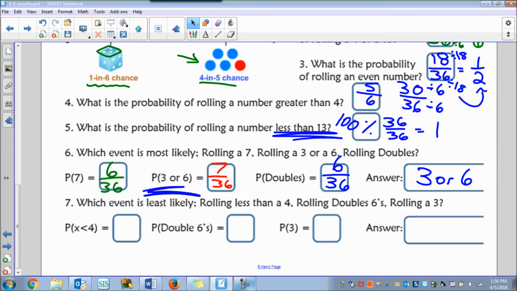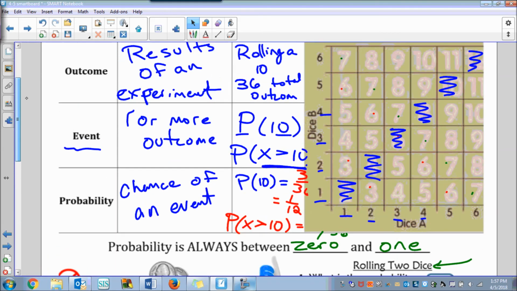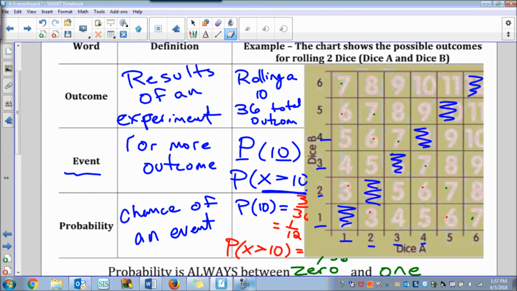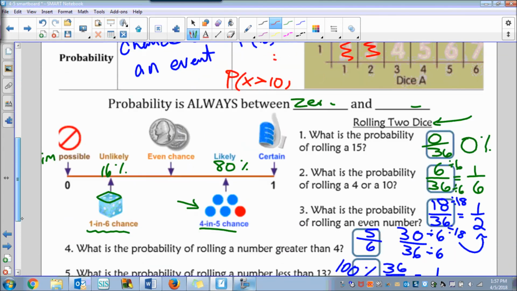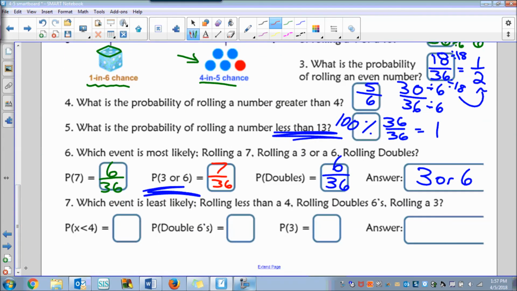Which of these events is least likely to happen? Rolling less than a 4, rolling double 6s, or rolling a 3? Rolling less than a 4 means either 3 or 2. Rolling a 3 or a 2 is 3 possible outcomes out of 36. Rolling double 6s, there's just 1 double 6.